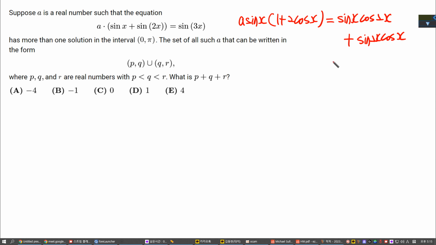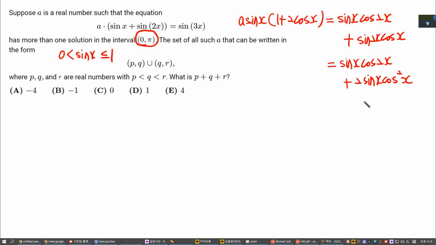and then the sine 2x is 2 sine x cosine x. And at this interval, the sin x is greater than 0.